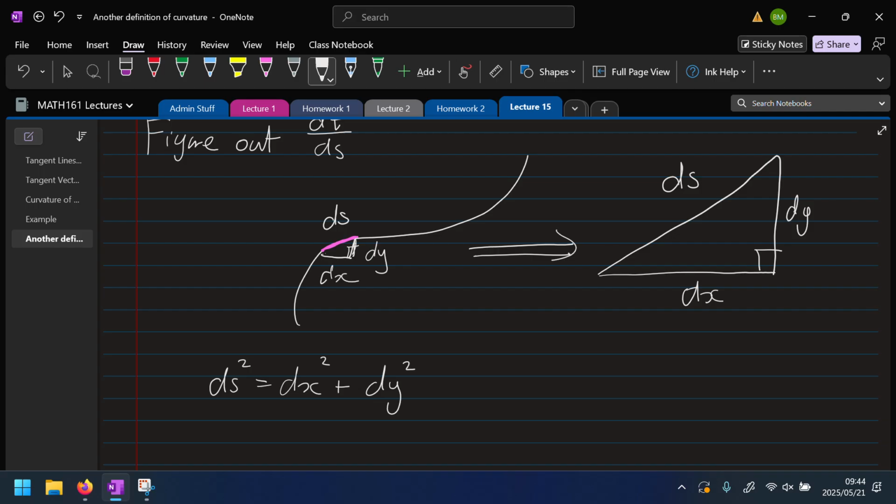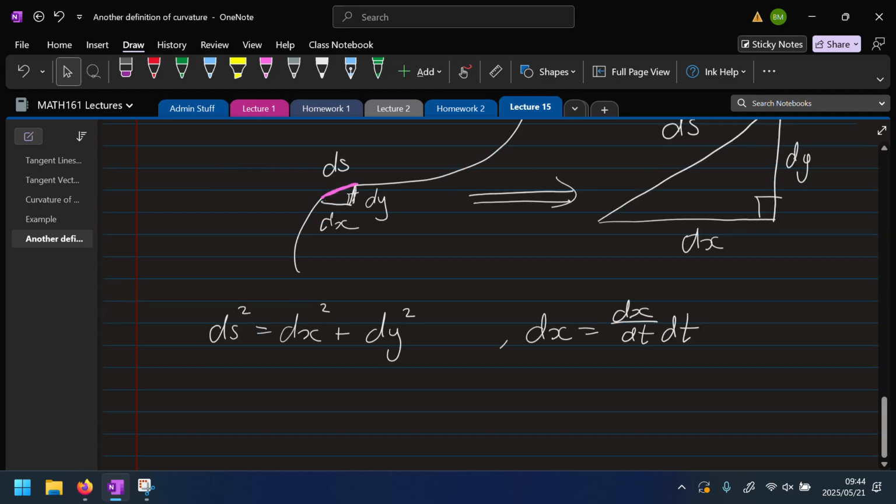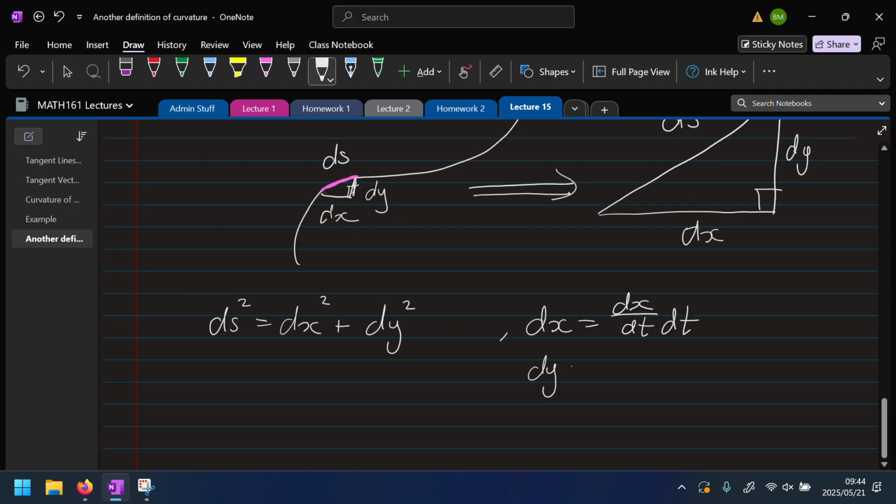Now, remember back when we did differentials, the du and all of that stuff, dx we can write as dx by dt dt, right? You know, from just differentials. And dy we can write as dy by dt dt.